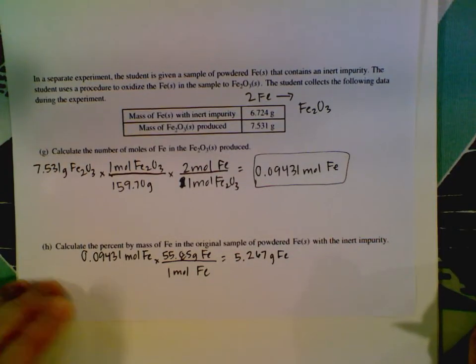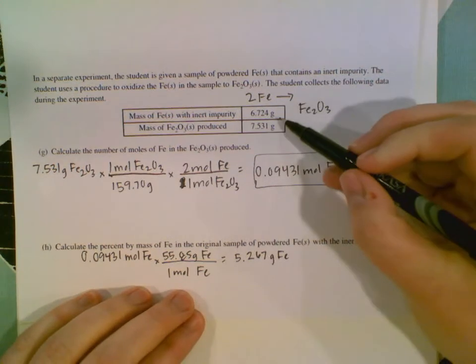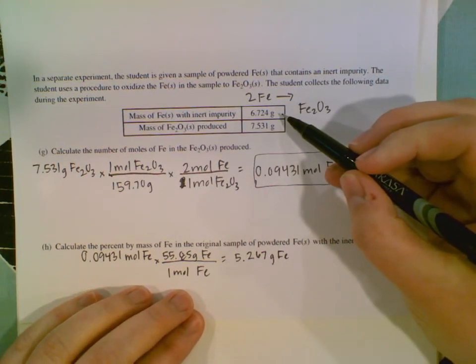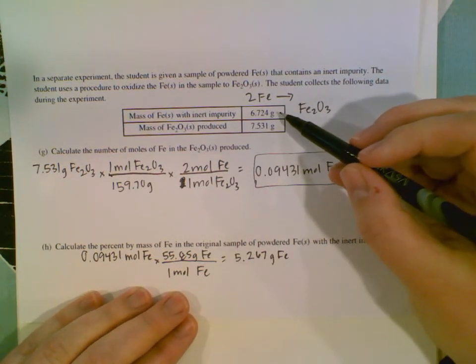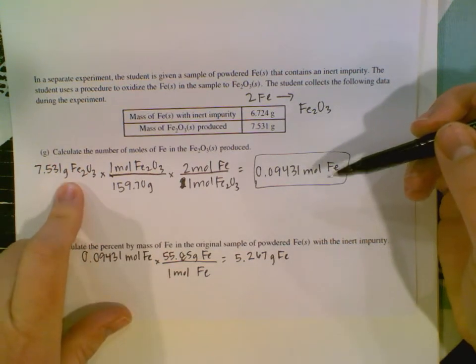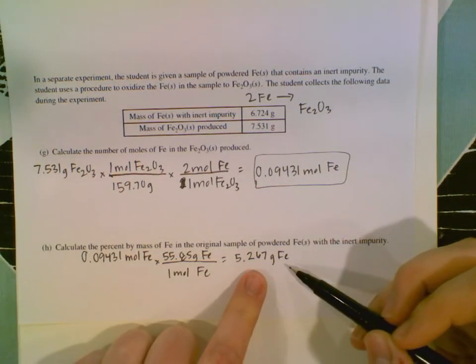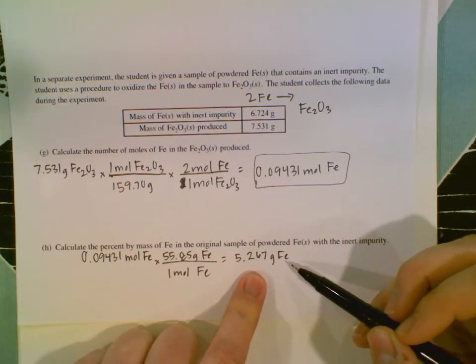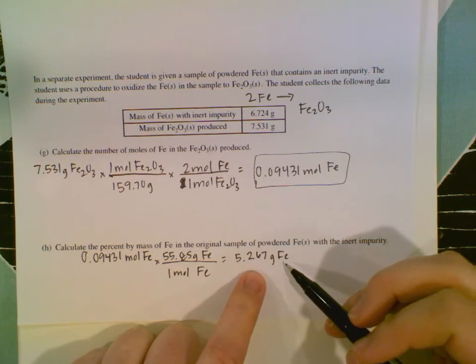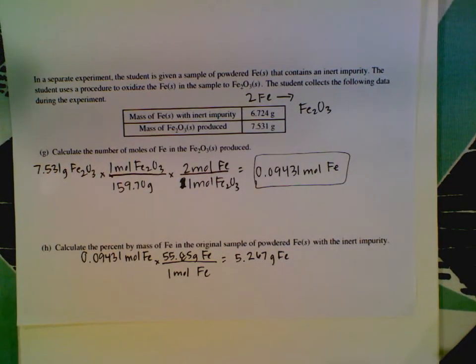So that's how many grams were in this original sample here. So I heated this original sample up. Then it made this many grams of the iron oxide, in theory, from all of the iron that was in there. And if I finish off my stoichiometry for part H, I end up with 5.267 grams of iron.